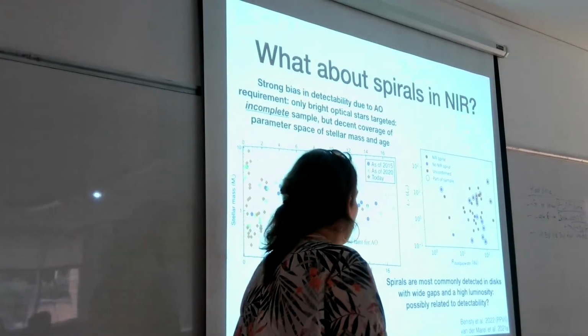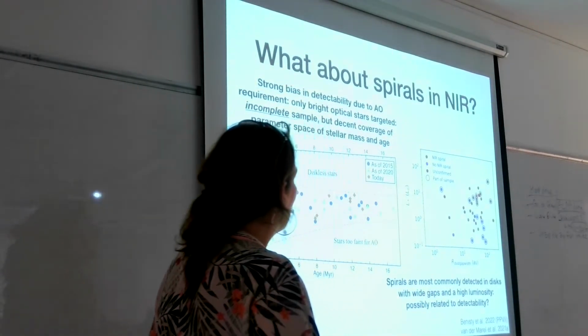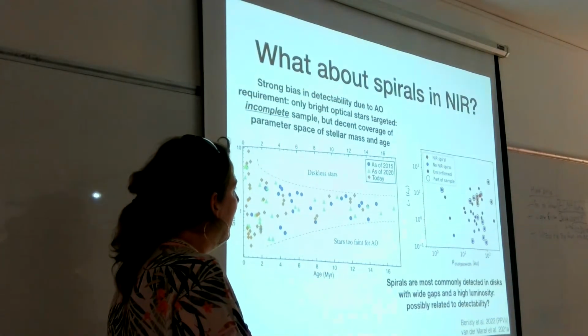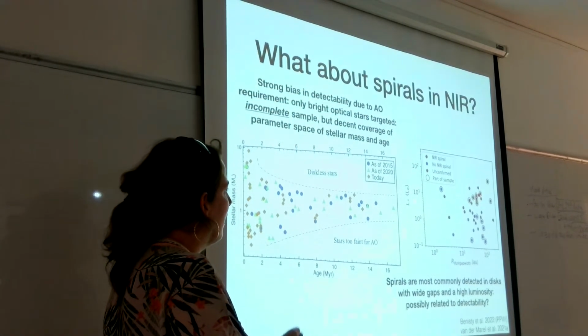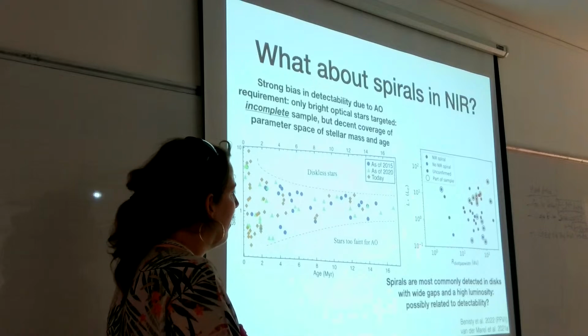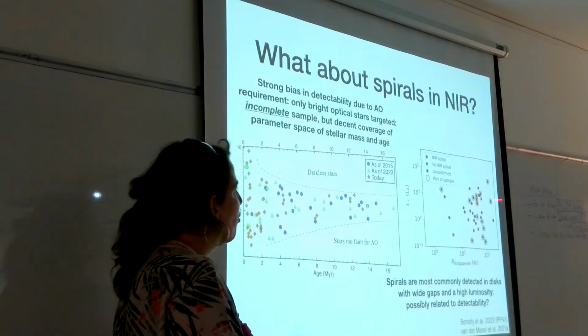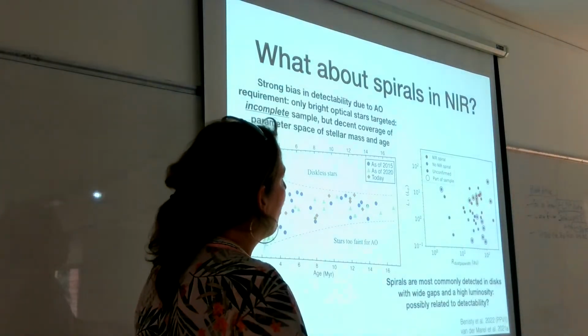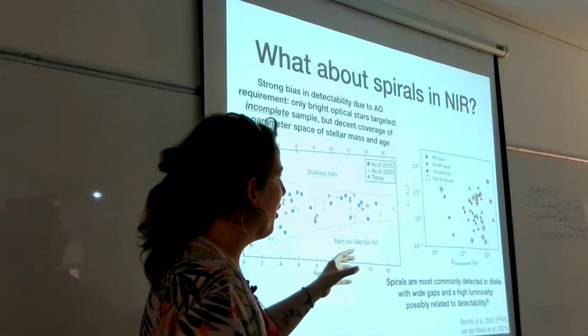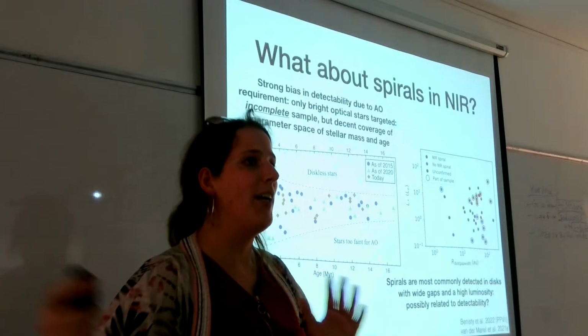And then something else that was noticed for specific spiral disks: if we plot them in their stellar luminosity as a function of their gap width, most of the spirals are found in this corner of the plot. High luminosity and large gap width.